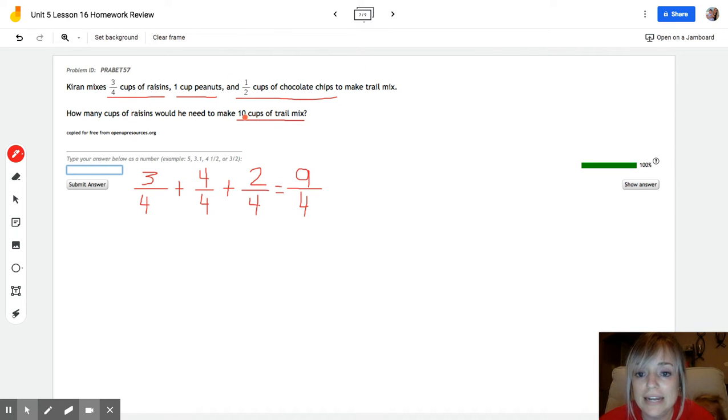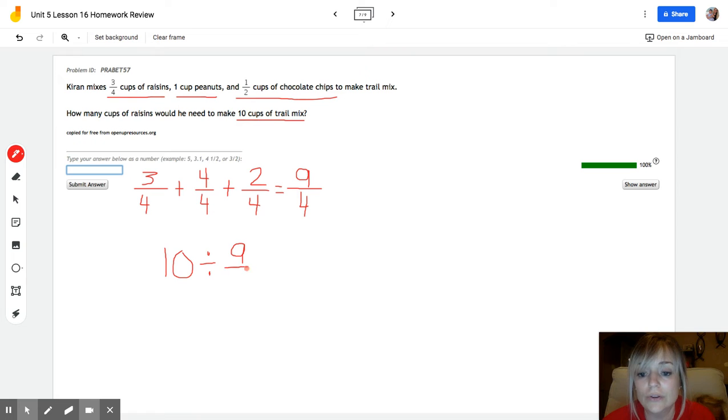So I'm going to go ahead now and say I want 10 cups of trail mix. So what I need to do is take that 10 and divide it by the total cups of ingredients, which is 9/4.